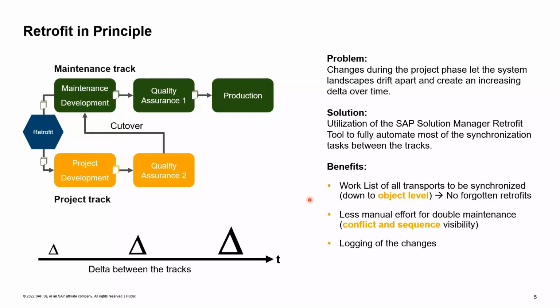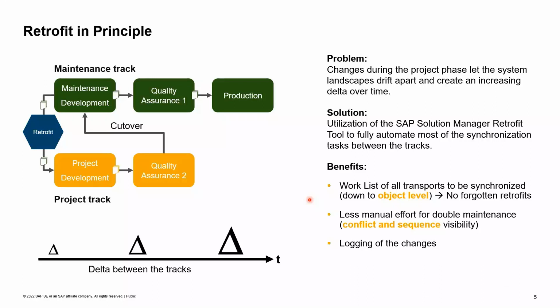You're running an ECC landscape, you still need to provide productive fixes, productive enhancements, and so on. And in parallel, you build up your project landscape based on a new S/4HANA release. So you have ongoing changes in the ECC landscape, and in parallel, you start to adjust and adopt the SAP S/4HANA functionalities.